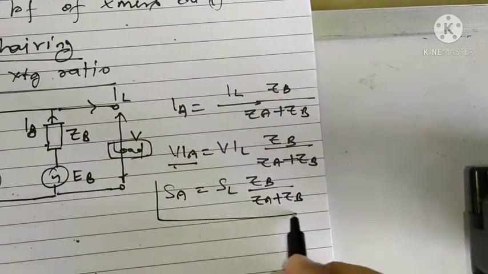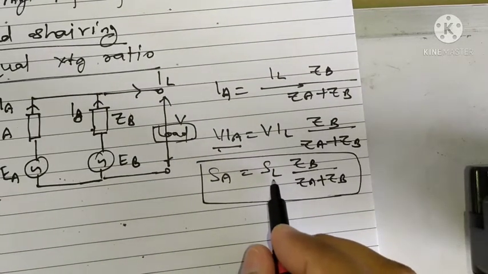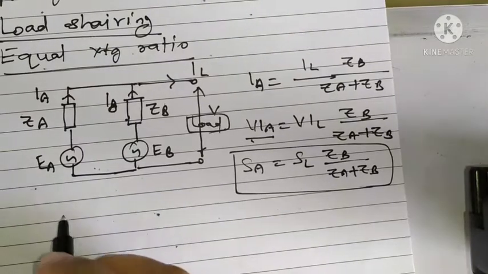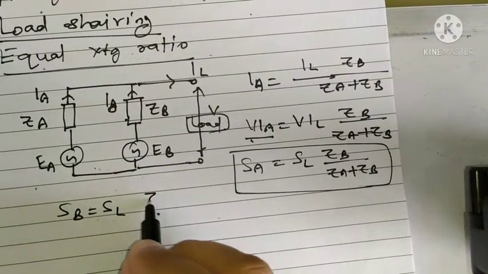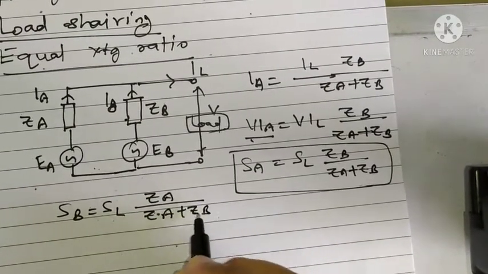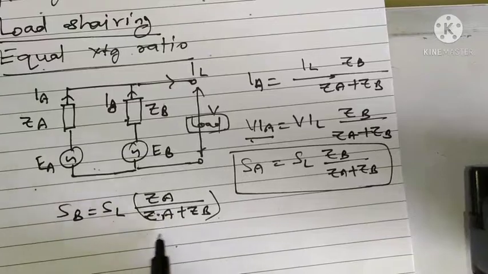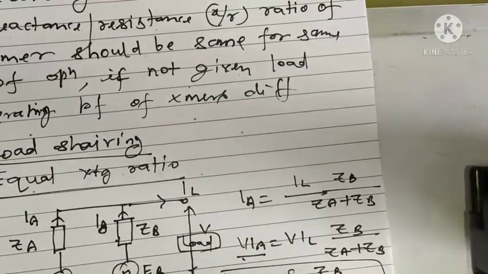So we can write the load shared by transformer A in terms of the given load and impedances. Similarly, SB can be written as SL ZA by ZA plus ZB. In this way we can find the load shared by different transformers.